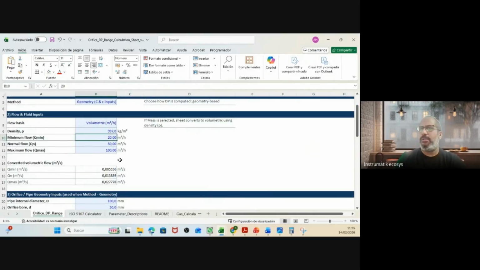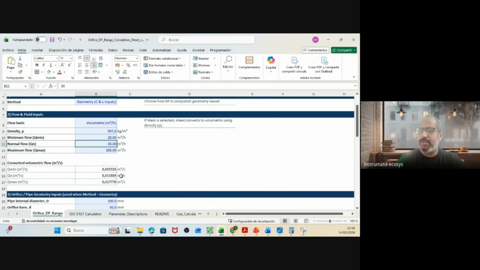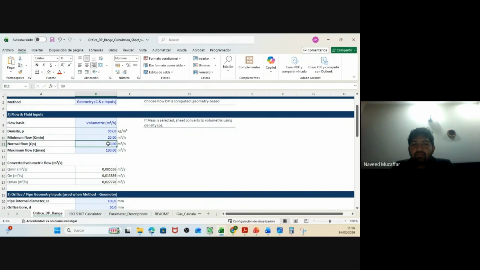And for normal flow, just type here the flow that you want to evaluate. Just put it in the normal flow cell if I want a mid-range value. Actually, it's in SCFD, but I have to convert to cubic meters per hour.